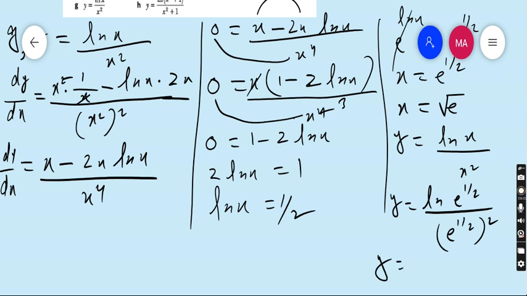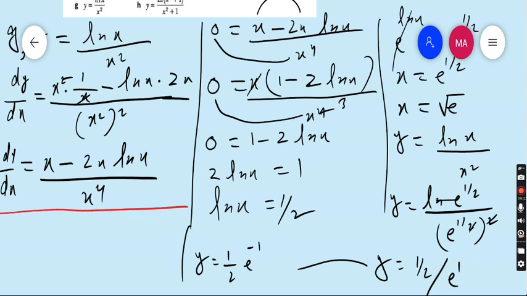So y is equals to ln and e cancel, half upon e, 2 cancel by 2, e1, or you may write y is equals to half e minus 1. Hence stationary point is x is root e, comma, y is half e minus 1. This is our stationary point.